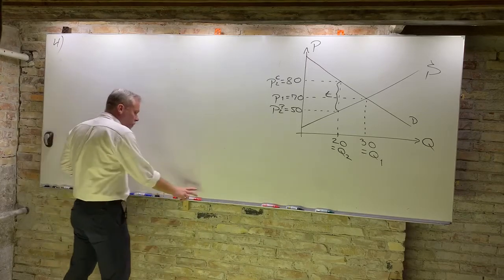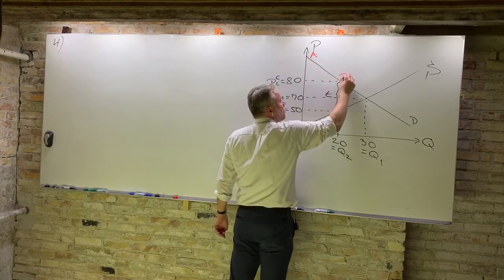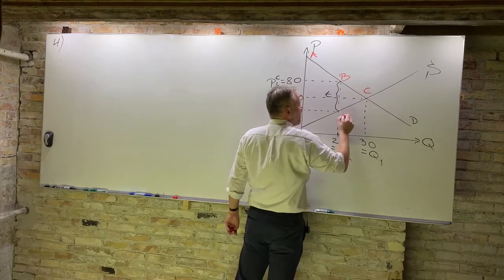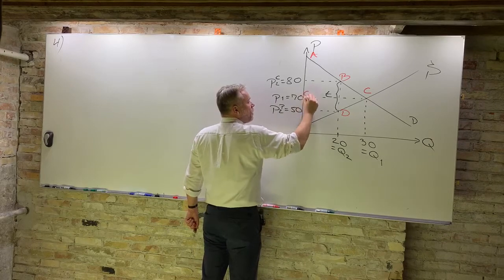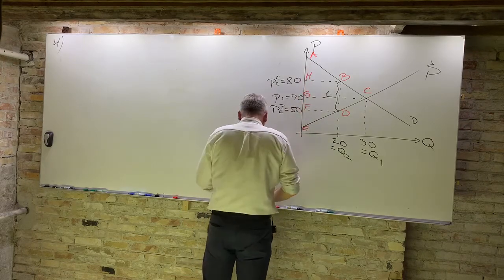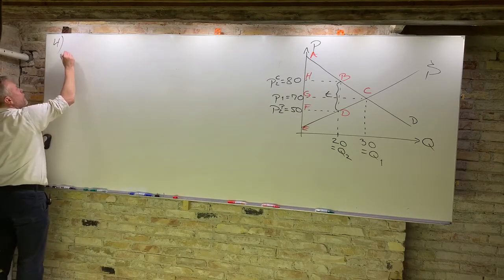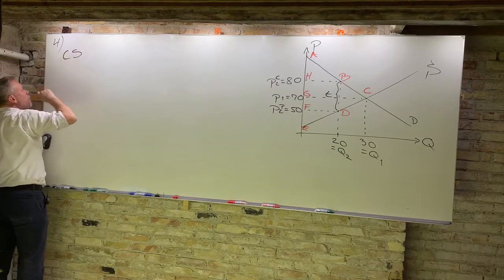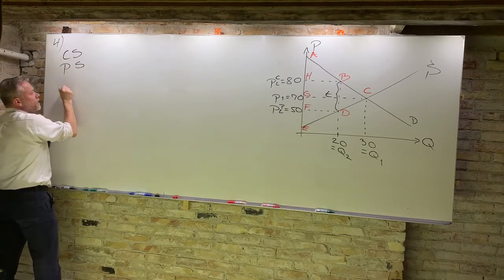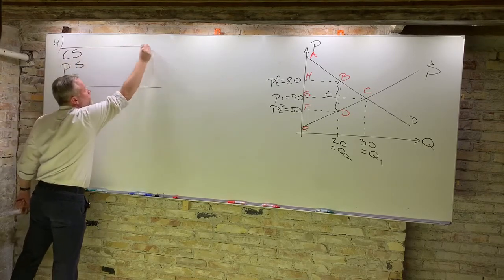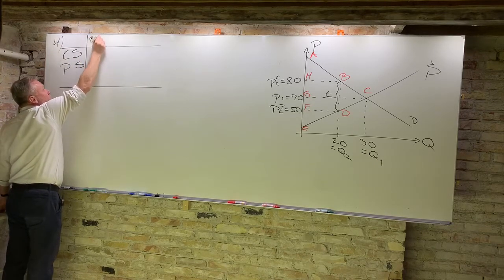Then we need to be able to refer to the areas in this sketch, and we do that by putting on some letters at various corners here on the sketch, and we need the following letters: A, B, C, D, E, F, G, and H. And then we can make a small table here showing the consumer surplus and the producer surplus, and then please leave an empty row here in the table before and after the introduction of the tax.